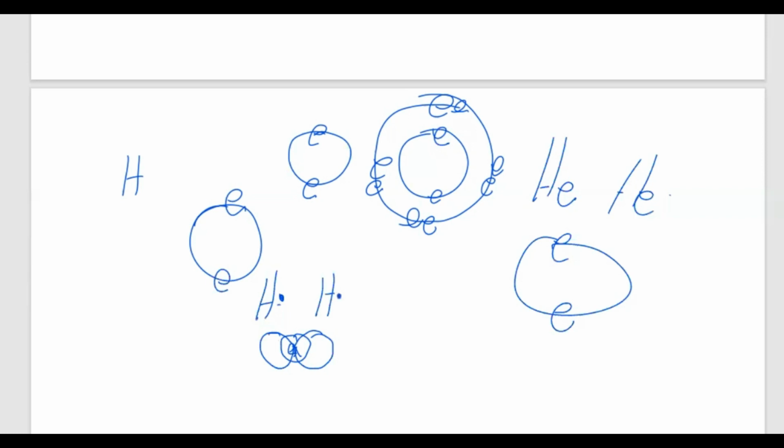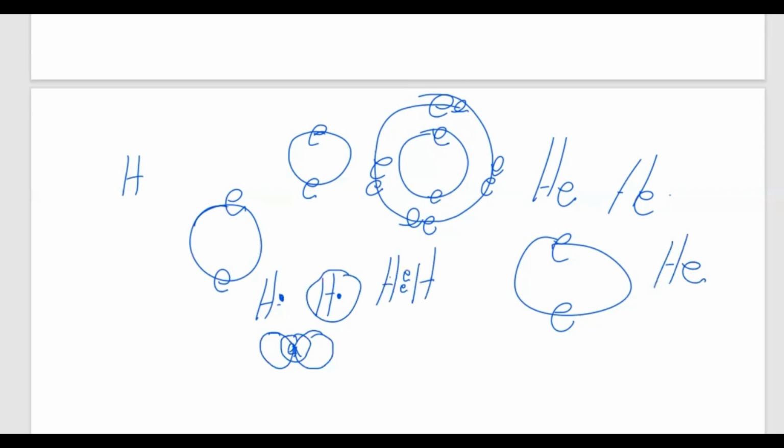It doesn't require to borrow any electron. It doesn't require to lose any electron, meaning that that's why it is able to remain as helium like this, while hydrogen requires another atom of hydrogen so that it has 2 electrons in its outermost shell. So that for it to be stable, it will require 1 electron from 1 hydrogen and another electron from another hydrogen so that it forms this bond.